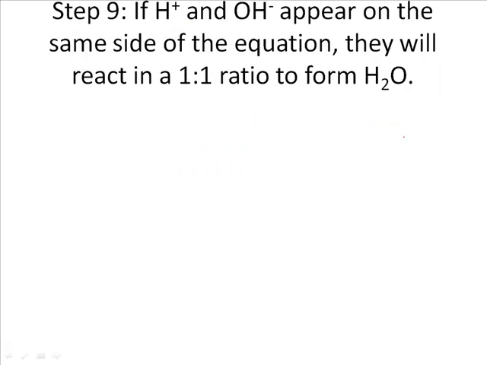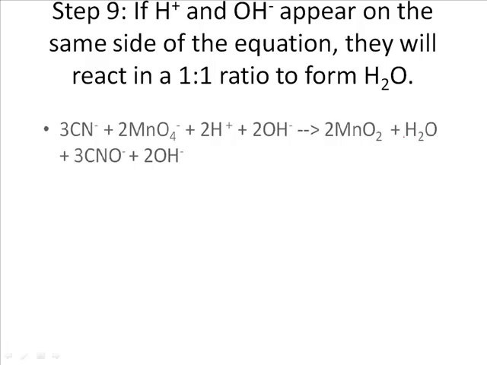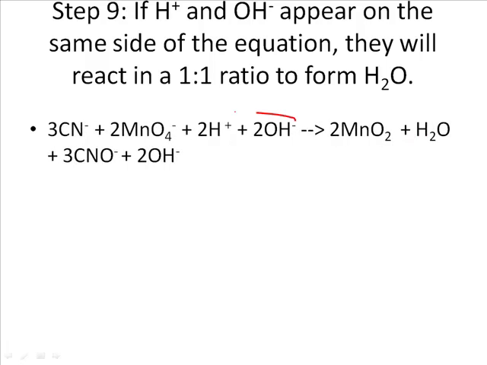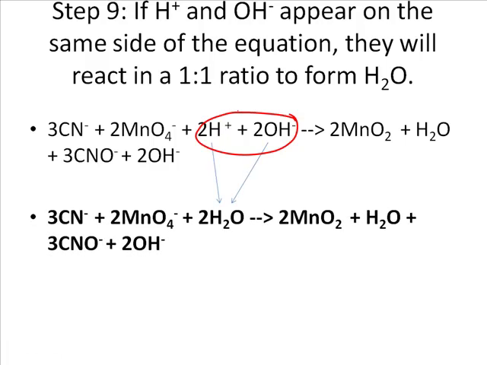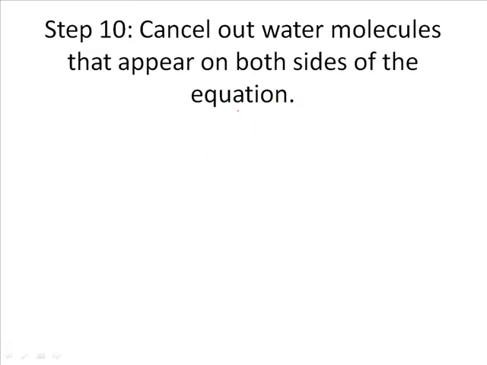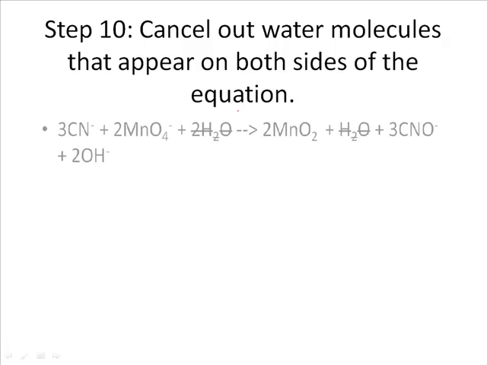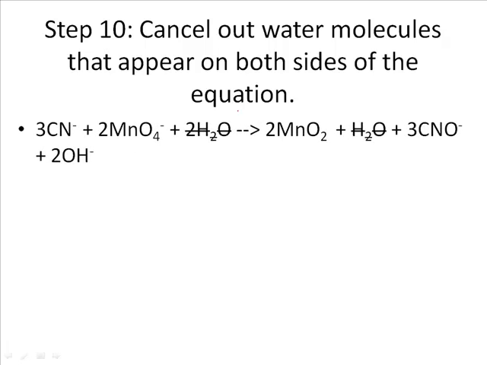And then if they appear on both sides of the equation, the H plus and the OH, I'm just going to combine those to make waters. Okay? And then the final step is to cancel out the number of water molecules that appear on both sides of the equation. And so this is going to turn into a 1.